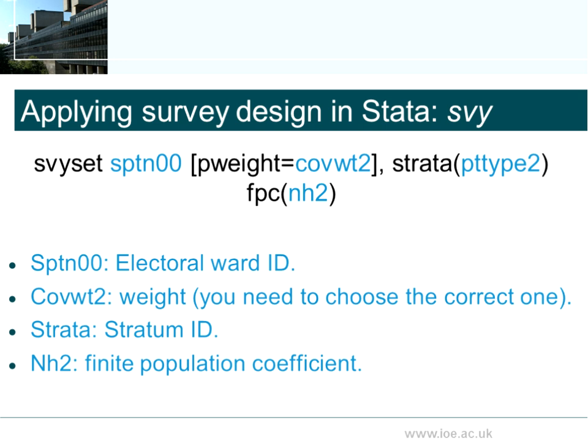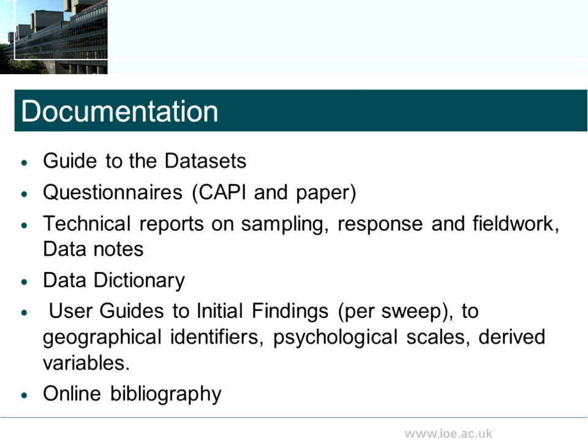The second variable is the weight, and this weight is for wave 3 for whole of the UK analysis, but actually you need to choose the correct weight depending on the analysis you are doing. Then you have to choose the stratum, and this variable includes the stratum ID. And finally, there is an adjustment factor that you need to include as well in the command.